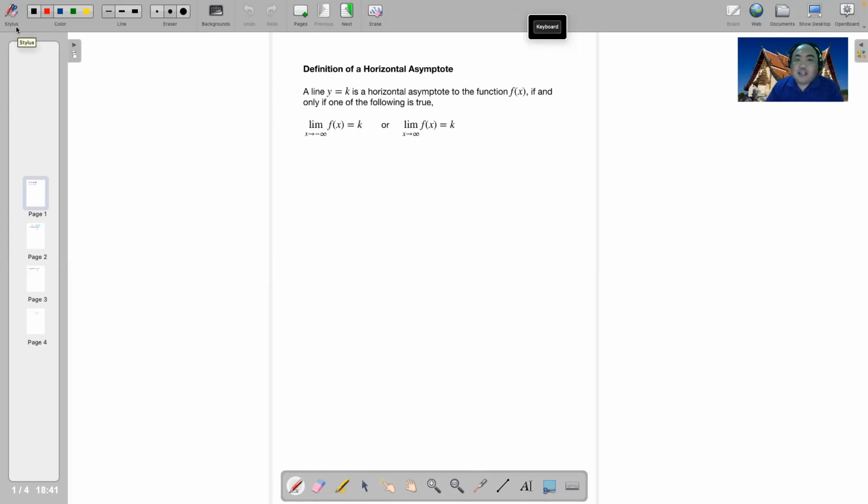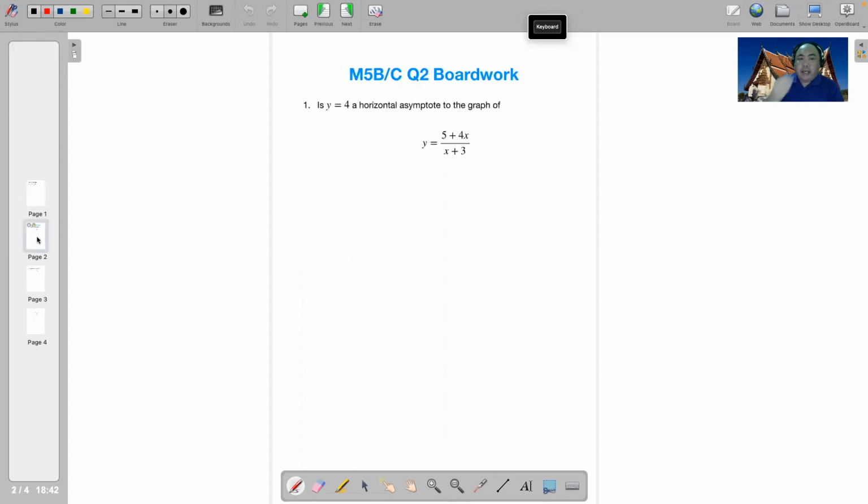All right, let's see how this definition is used in the first example. Is y equals 4 a horizontal asymptote to the graph of y equals 5 plus 4x over x plus 3? We just have to check the limit at infinity.